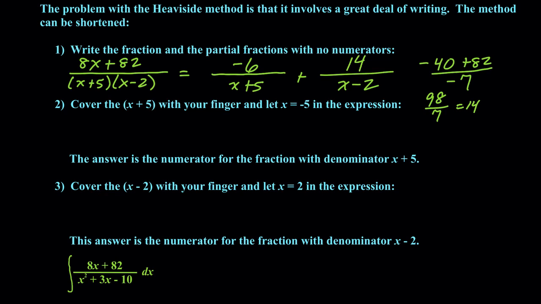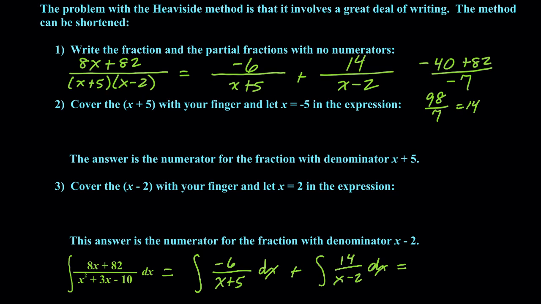And so what we now do is find the integral. And so your integral is going to be negative 6 over x plus 5 dx plus the integral of 14 over x minus 2 dx.